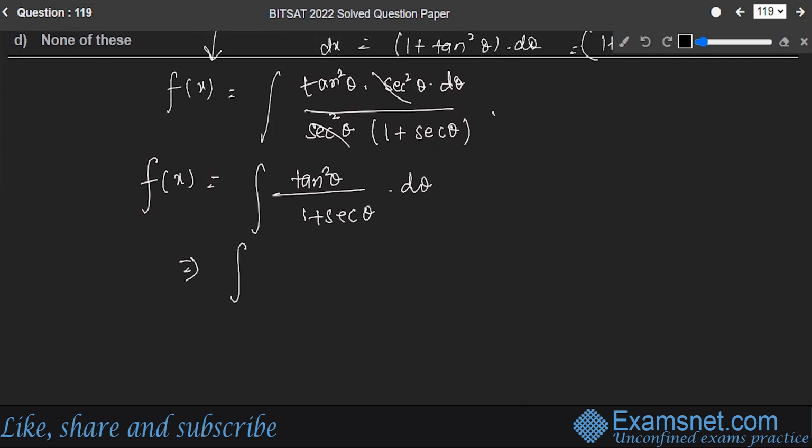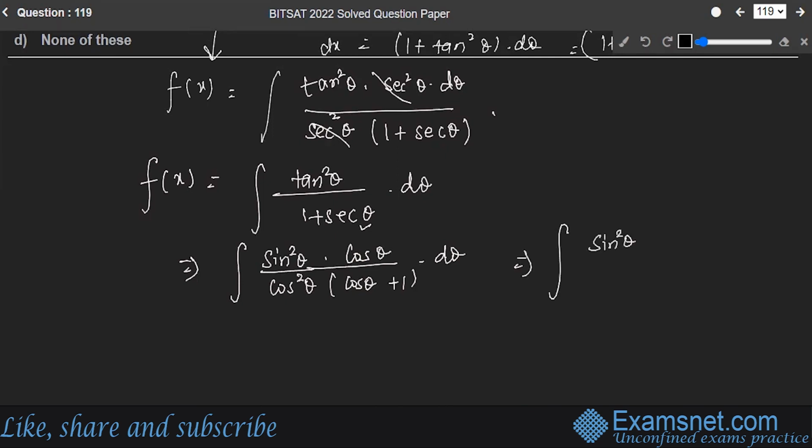I'm opening up sine square theta upon cos square theta into (cos theta plus 1) multiplied by cos theta divided. Right, I have opened up this thing. So this is equal to the integral of sine square theta upon cos theta into (1 plus cos theta) d theta.